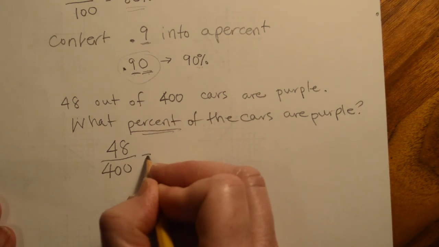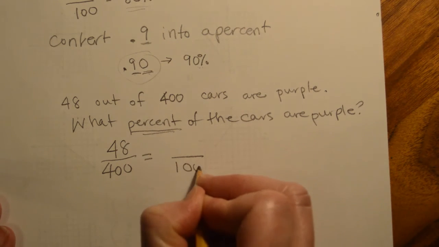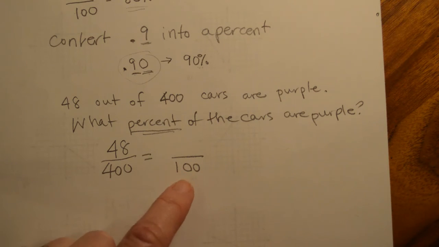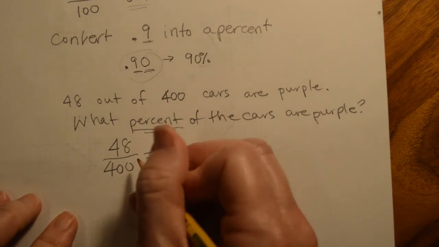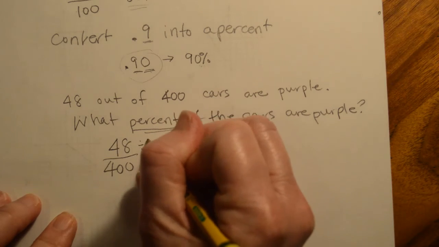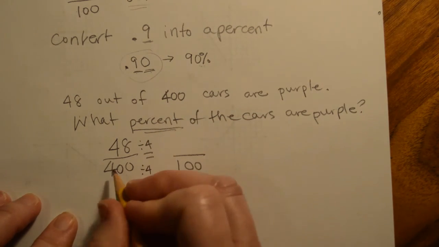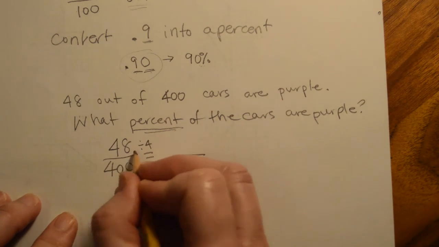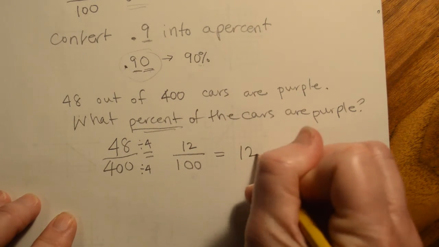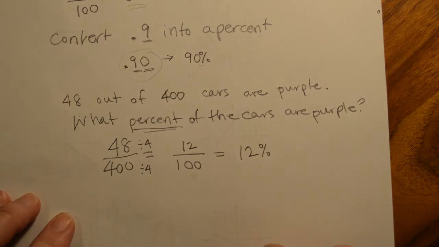Well, again, percent means out of 100. So can we reduce this so that this 400 becomes a 100? Right, well, to do that, we would have to divide the 400 by 4. We would have to divide the 48 by 4. 400 divided by 4 is 100. 48 divided by 4 is 12. And 12 out of 100 is 12%.